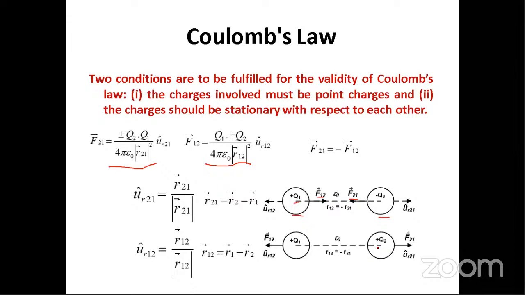If the second charge is positive, the force between the two is repulsive. You can represent the force from 1 to 2 as F12, or F21. In both cases they are more or less similar, only the notation is different, and the orientation of the unit vector is UR21 in one and UR12 in the other.